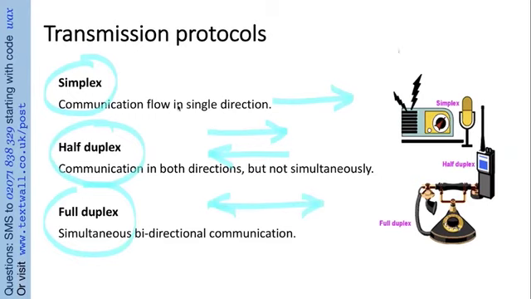So a radio is one way. You have the broadcaster transmitting, the radio is receiving. That's one-way communication. A half duplex, you can transmit in one direction at one time. So it's like a walkie-talkie. You can talk, the other person listens. But while you're talking, you can't be listening because the channel is only used in one direction at one time.